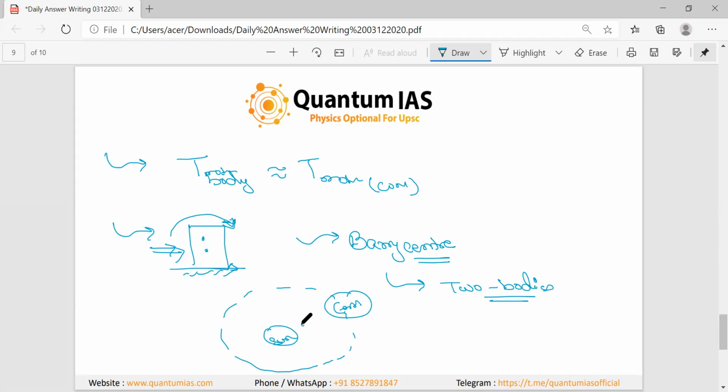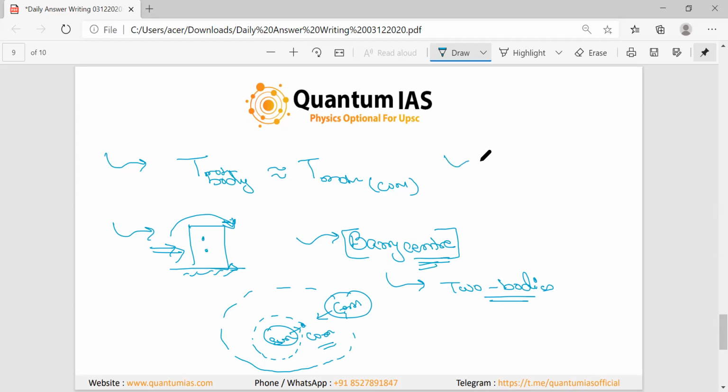Actually both of them revolve around their center of mass, which is basically the barycenter. For two bodies under interaction with each other, balancing their forces and in a stable form, they move around the center of mass, and we call that point the barycenter. So you can discuss these things.